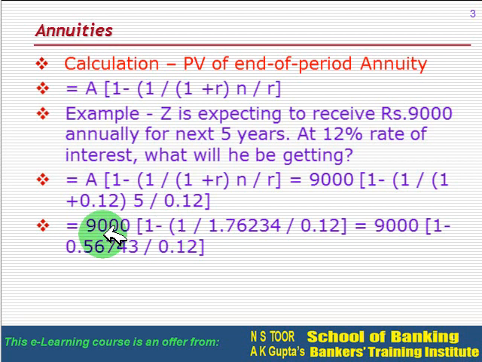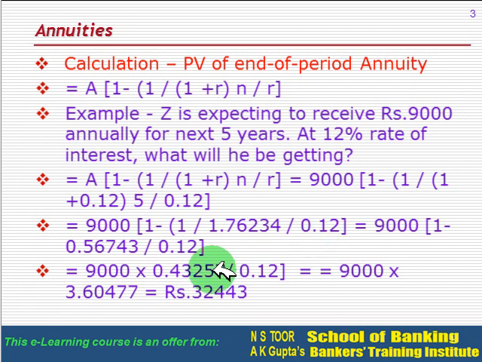So it gives us this solution. So we get further solution. So the value of the annuity, the present value of the annuity, is 32,443.